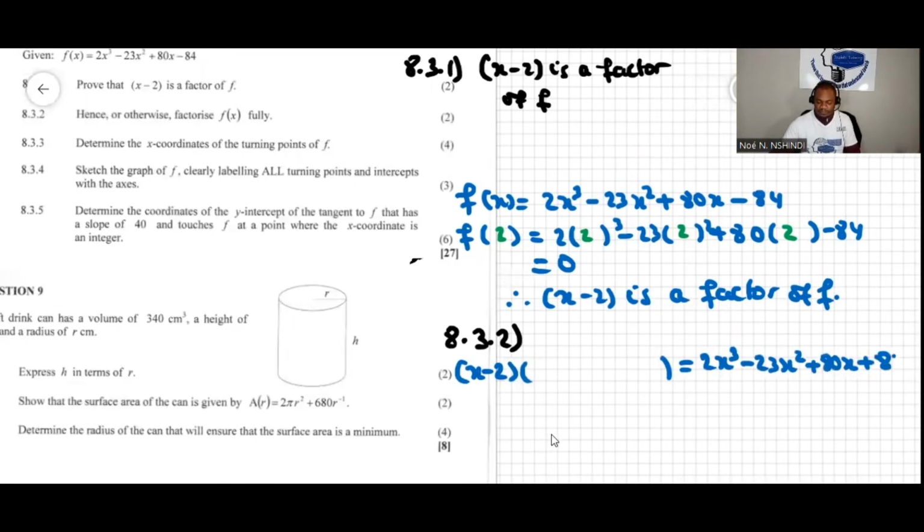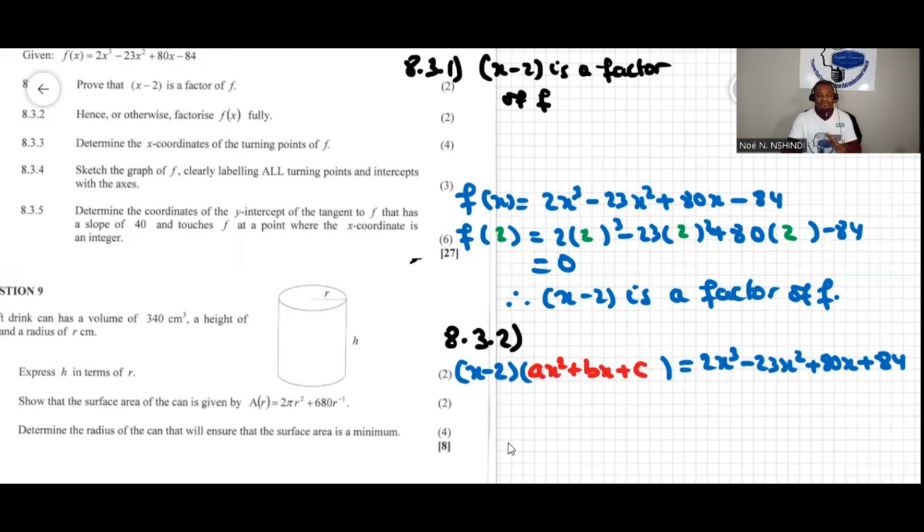Now, what we have here is ax squared plus bx plus c. I'm putting ax squared plus bx plus c over here because a linear times a quadratic will make a cubic function. So we need to determine the values of a, b, and c.